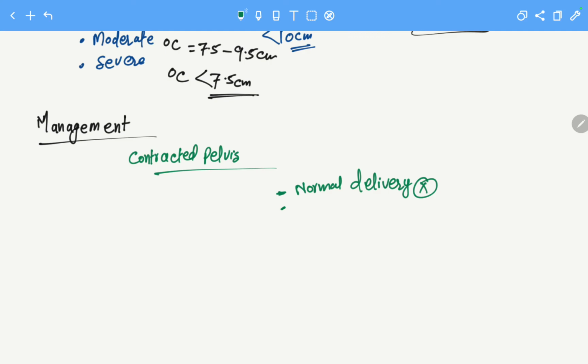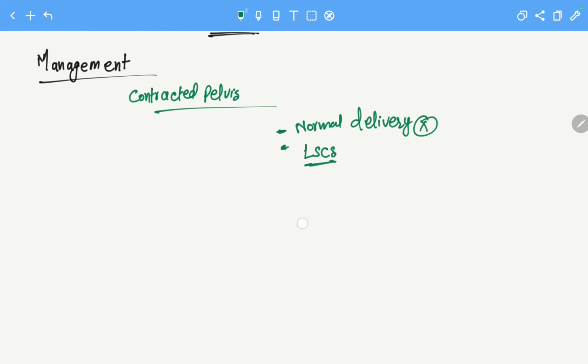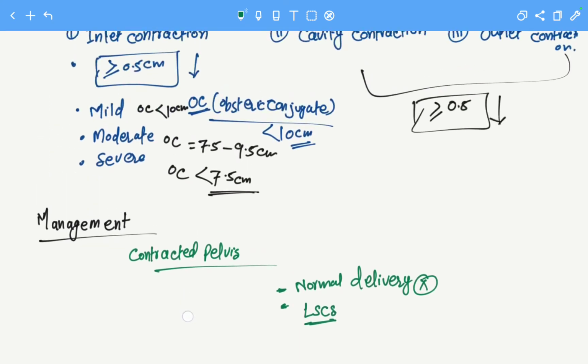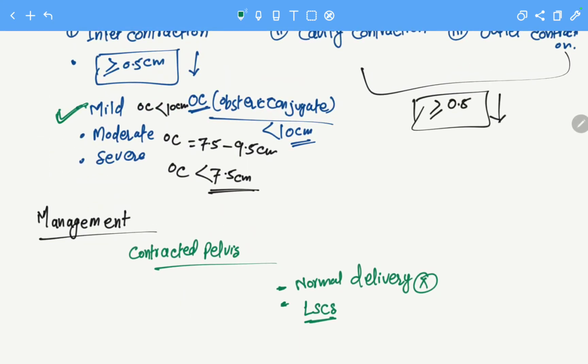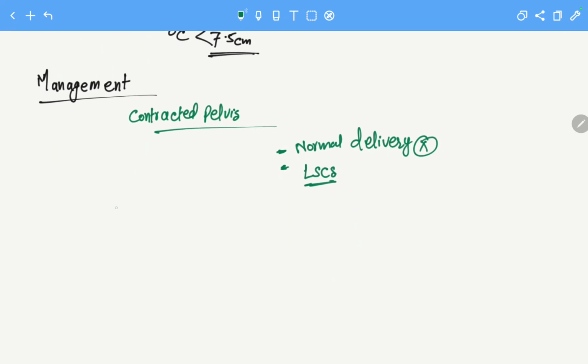So what we are going to do for the management of contracted pelvis, that is LSCS, lower section cesarean section, that we are going to do, right. फॉर कॉन्ट्रैक्टेड पेल्विस, अगर आपका माइल्ड केस है, माइल्ड इनलेट कॉन्ट्रैक्शन है, तो हम लोग ट्रायल ऑफ लेबर की तरफ जा सकते हैं। Trial of labor can be done for the case of mild inlet contraction.